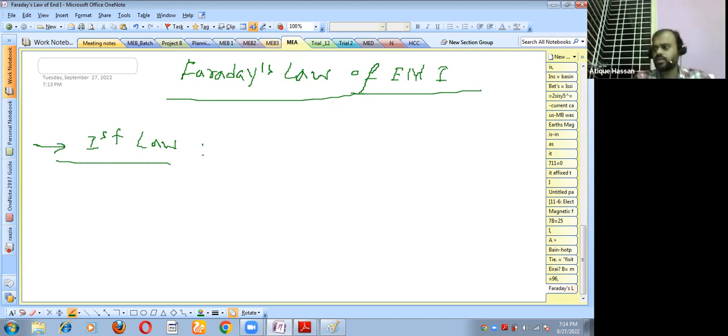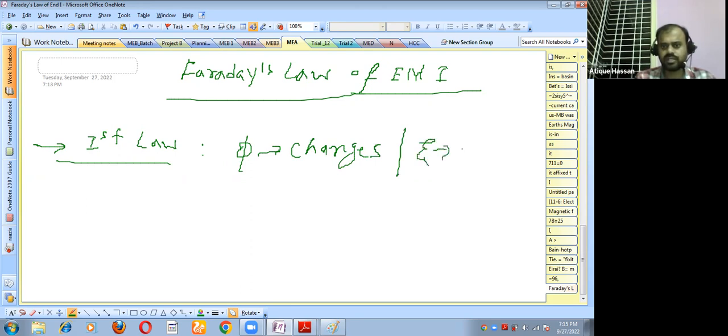Faraday did an experiment, and what he found is that when there is a change in magnetic flux through a coil, there is an induced EMF. Whenever magnetic flux is changing with a coil, there is always an induced EMF. So in the first law, he says that when phi changes, EMF is induced. Right.